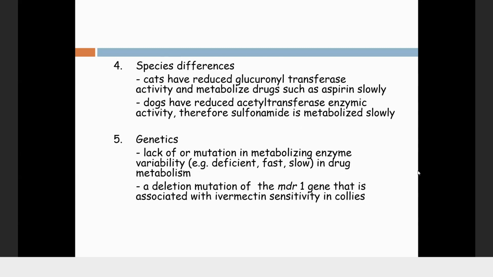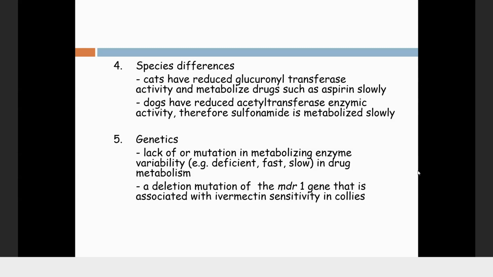Then the species differences. Cats have reduced glucuronyl transferase activity, and they metabolize drugs such as aspirin or paracetamol very slowly. So in cats we do not give aspirin or paracetamol.